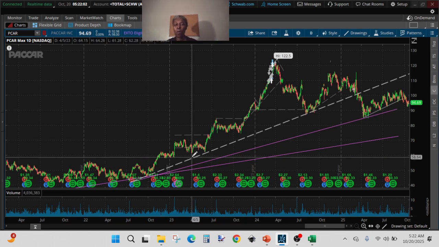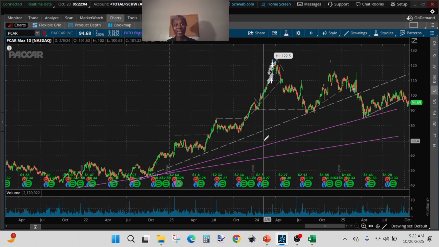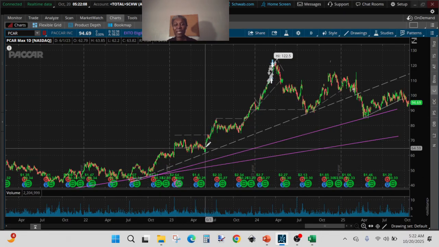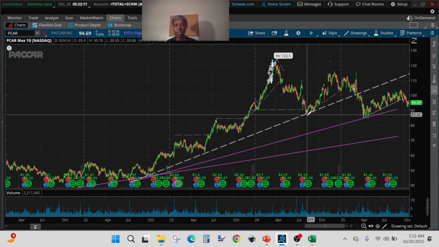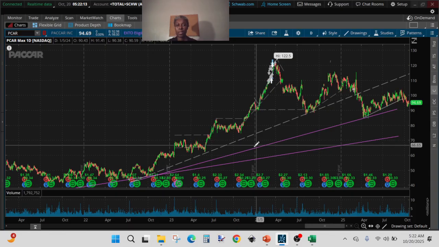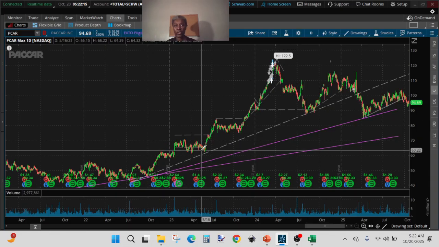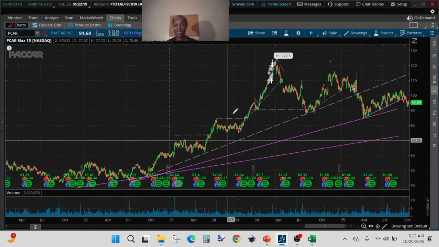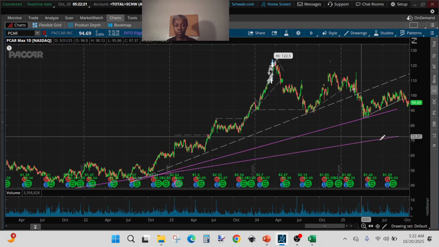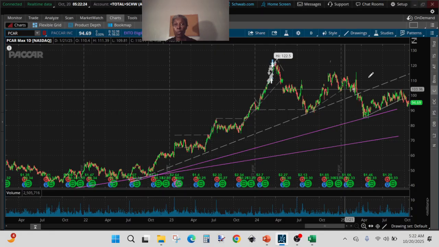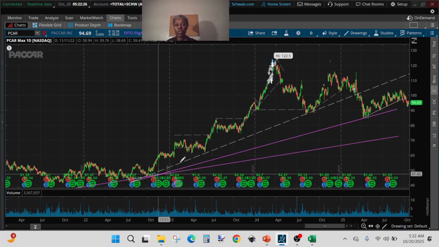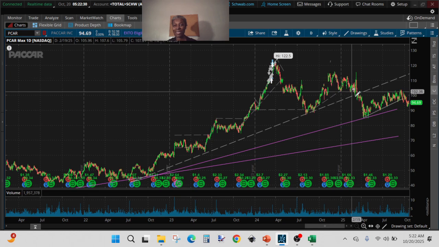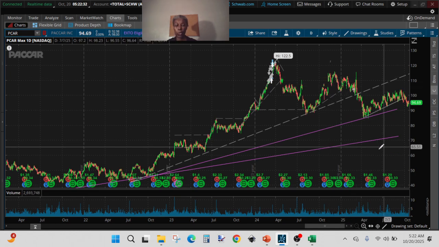The way I confirm my trend direction is by tracing support lines passing by the obvious V's of the chart, which are the lows of the chart, or the higher lows, or the lower lows. If you are tracing a downtrend, I don't trace a downtrend because I buy on uptrend lines. So I just trace uptrend lines, and I can look and know that this is a downtrend because it's going downward.